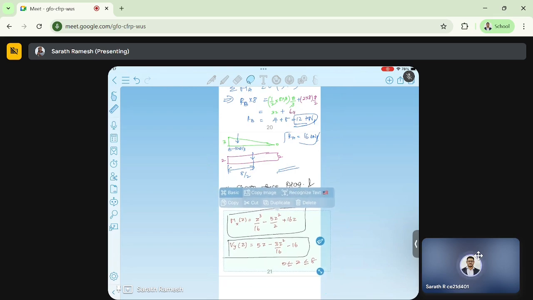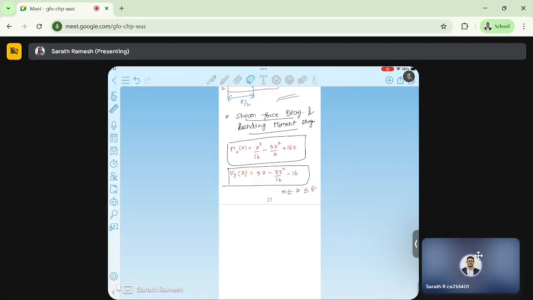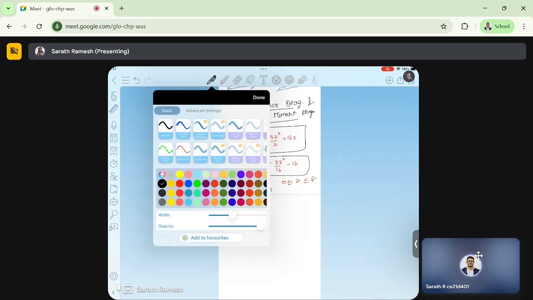Okay, this is the expression. Now we can find where it is maximum, where it is zero, everything.